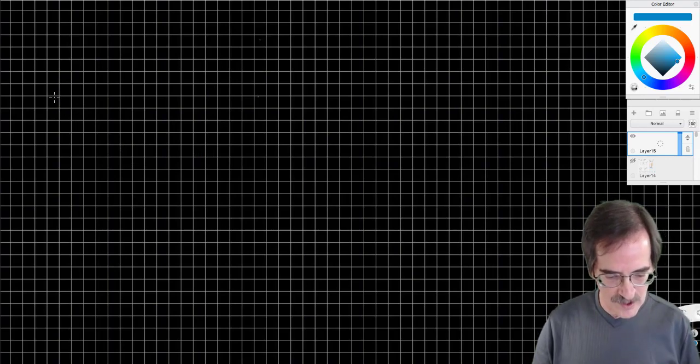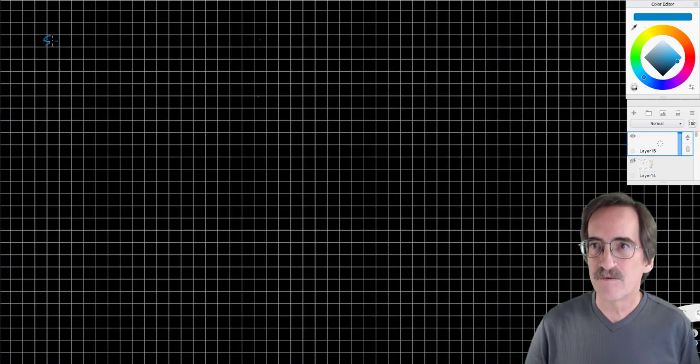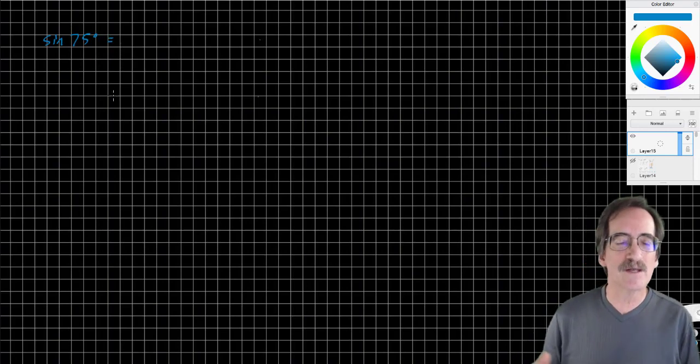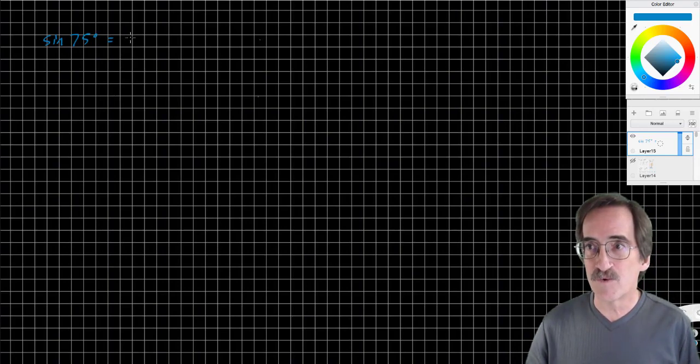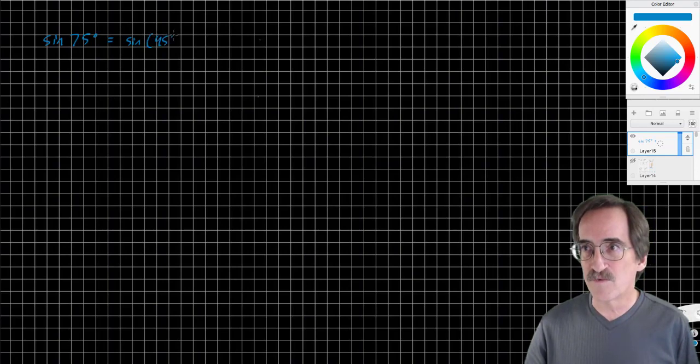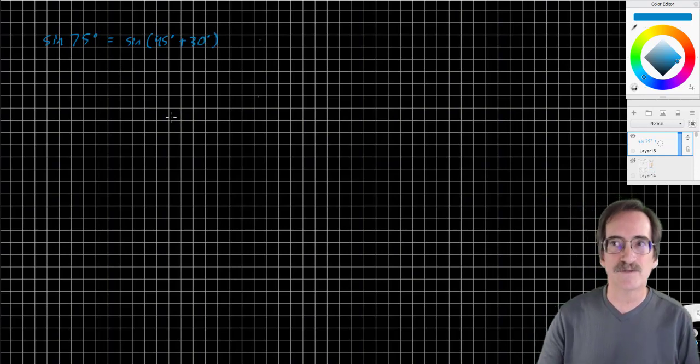Let's say I want to find the sine of 75 degrees. The first trick is to recognize that this can be the sum or difference of some known angles. In this case, I'm going to break this up into the sine of 45 degrees plus 30 degrees. Both of those are well-known reference angles.